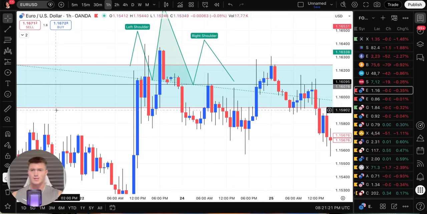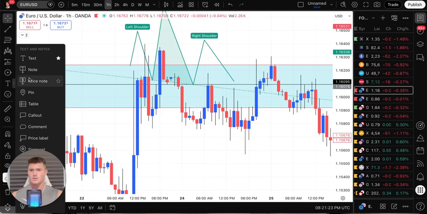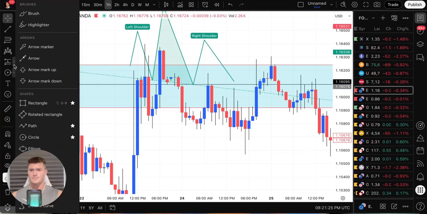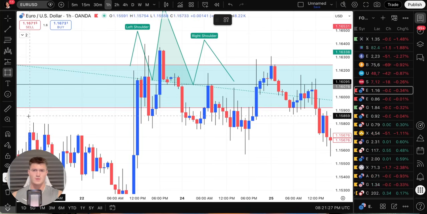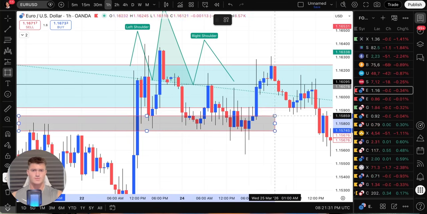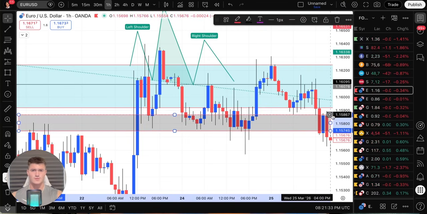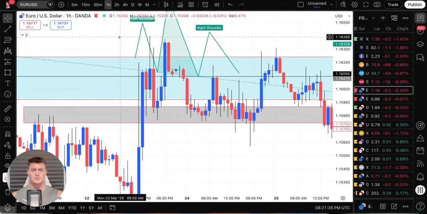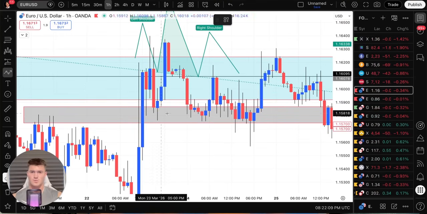You've got your neckline. Make a little area of interest right here. Got your neckline of your head and shoulders.